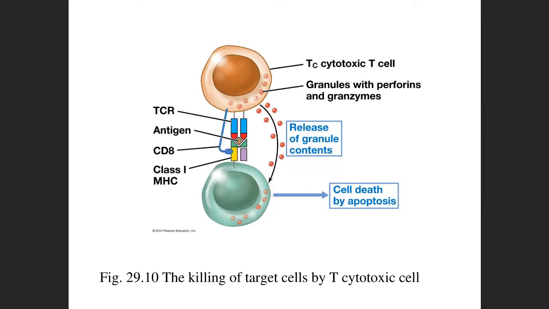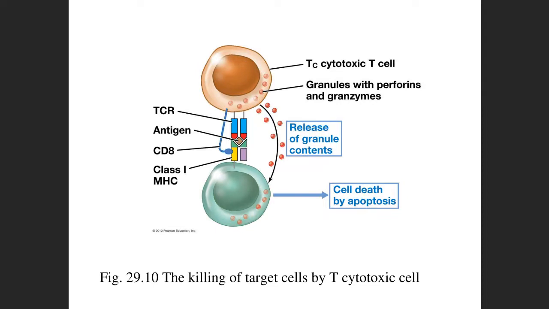So here on the top is the T cytotoxic cell, and here is the target cell that is to be killed. So this is how the T cell kills. On the T cell surface, there's a T cell receptor, and the T cell receptor has to have an antigen.